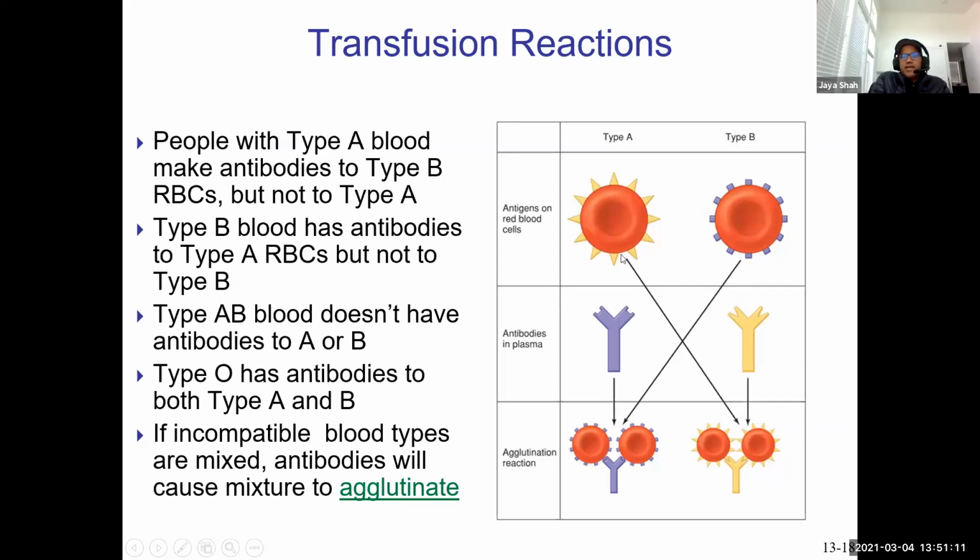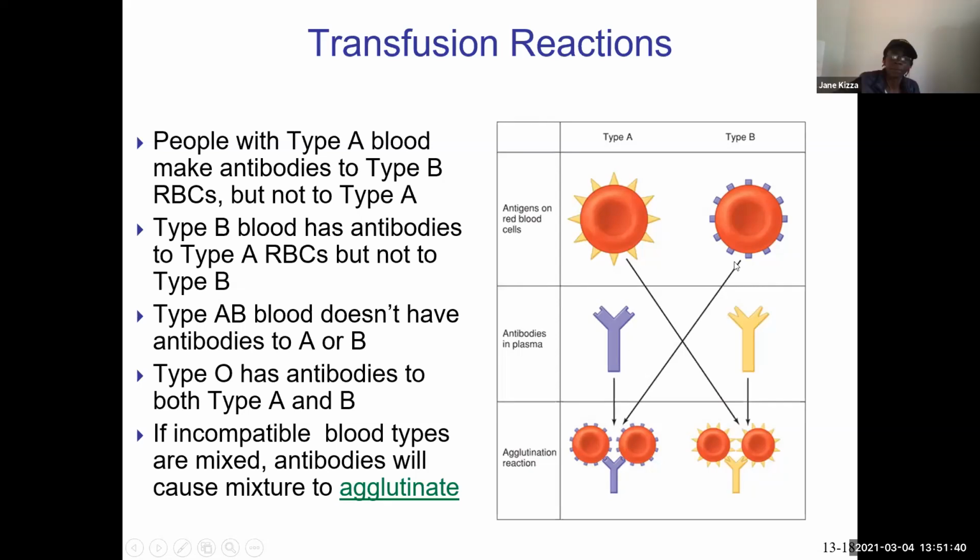Antibodies in type A, what antibodies do you have? Against B, you see? What antibodies do you have for type B? Against triangular. And if you cross B with A, what will happen? You see?